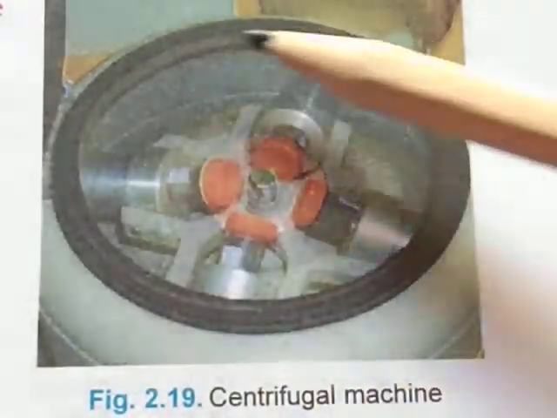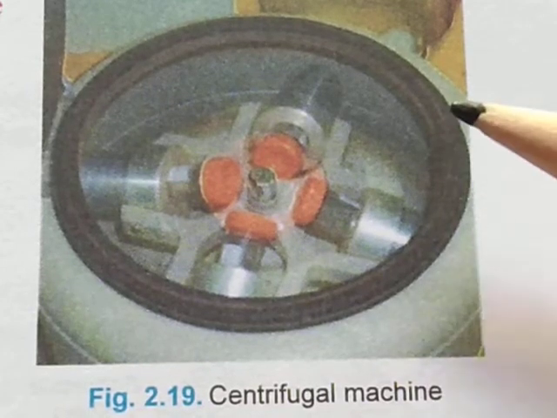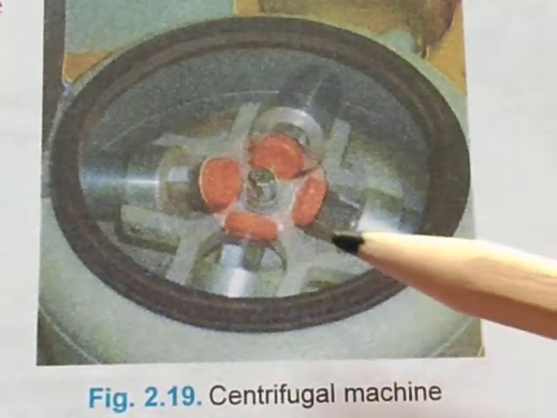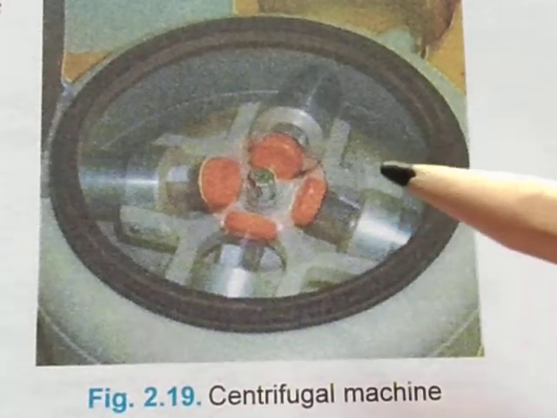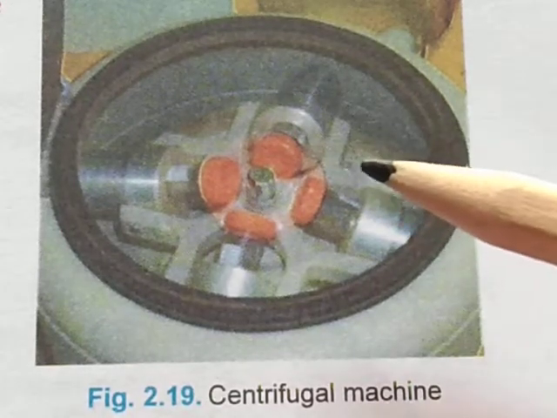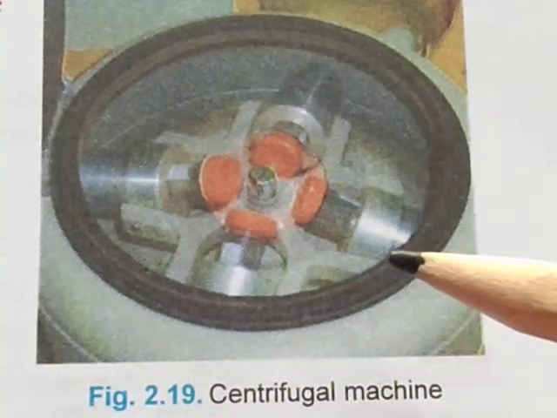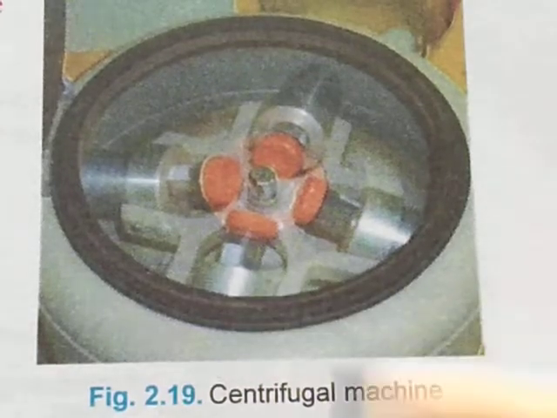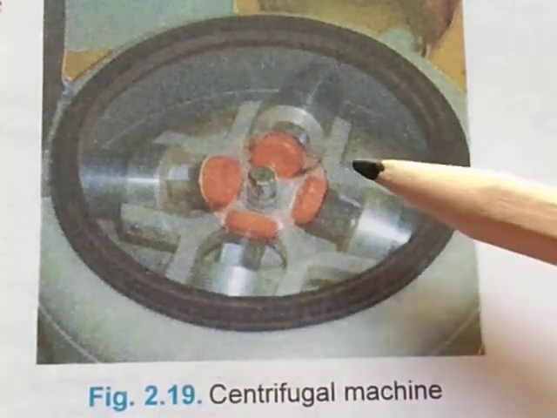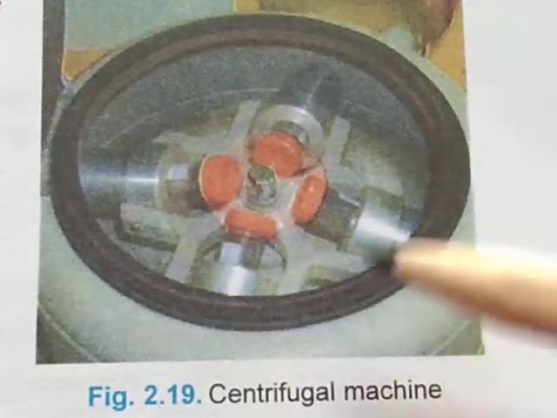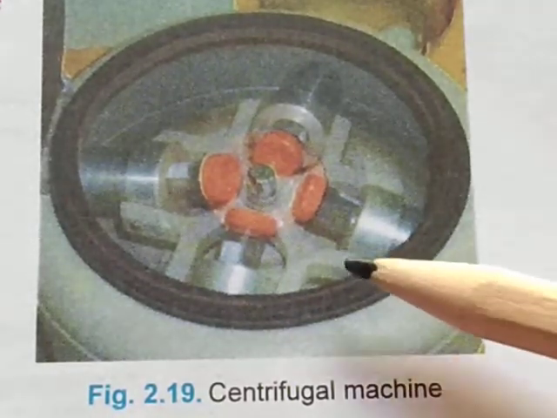It is just like a washing dryer. This is called a centrifuge. A centrifugation machine is commonly used for this method. This machine can be rotated either by hand or electrically.